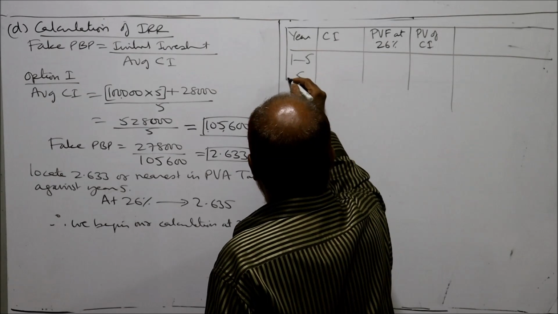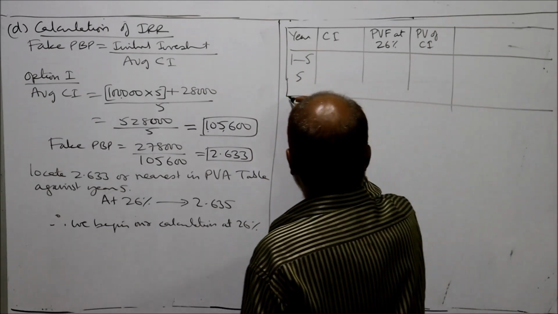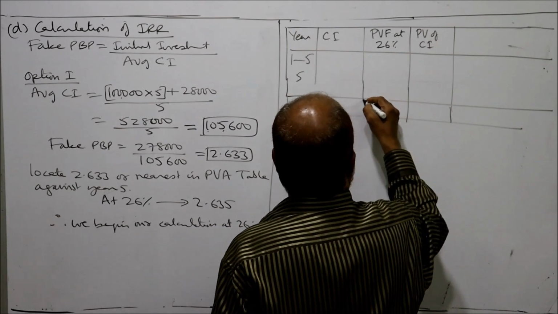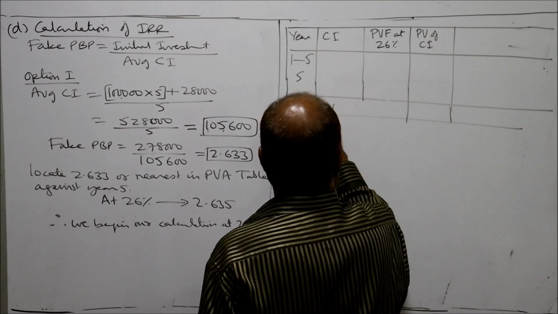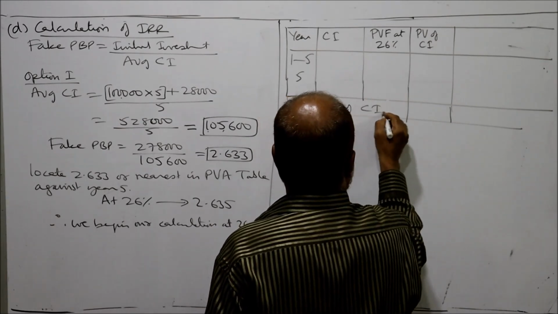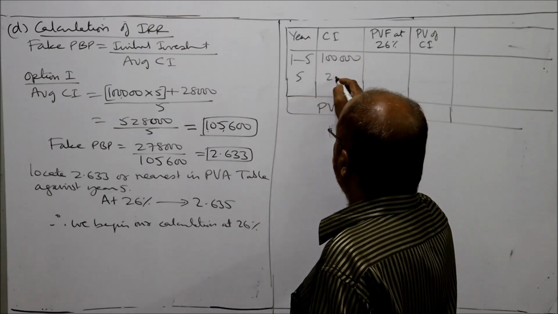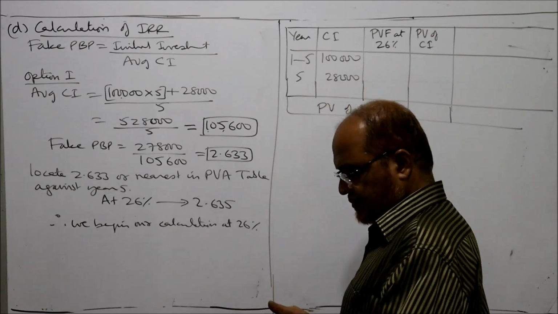For years 1 to 5, we are getting 1 lakh. In the 5th year, we are getting 28,000, right?